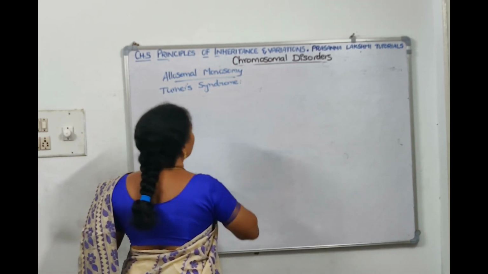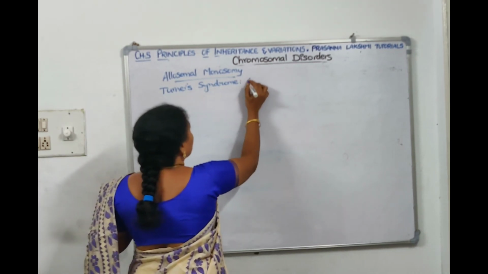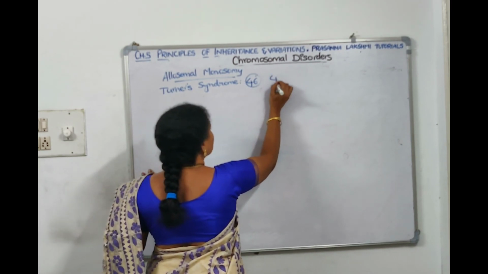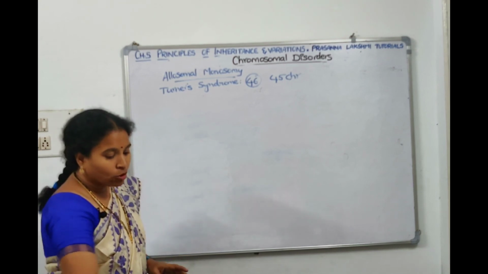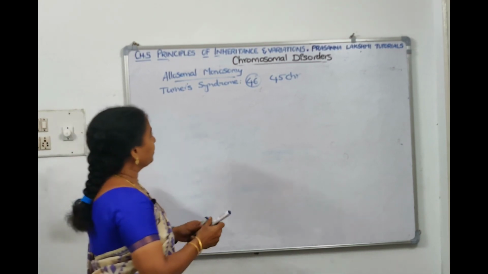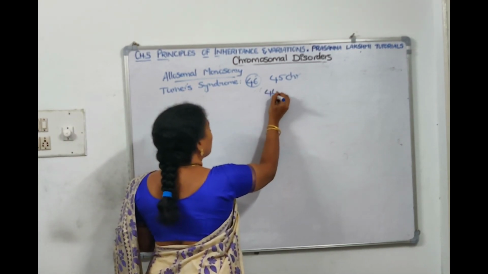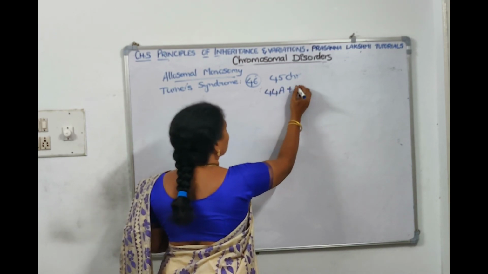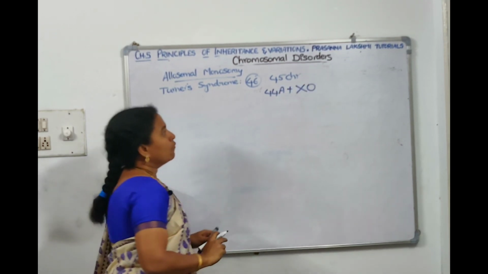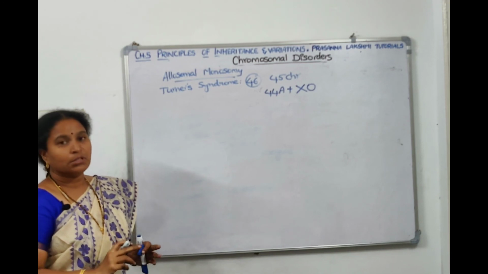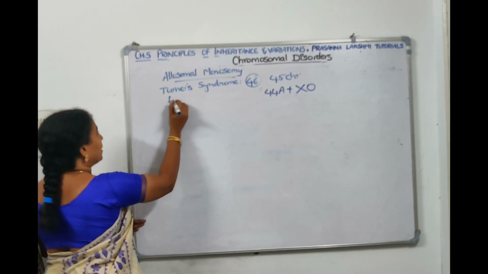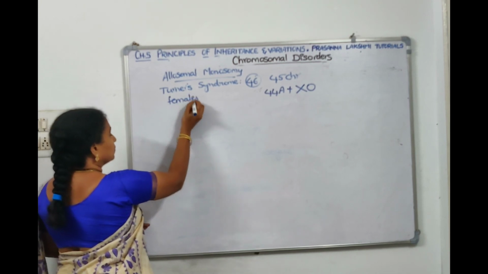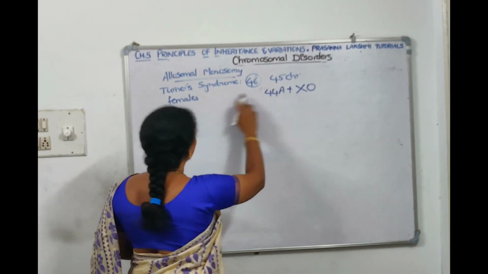So monosomy means one chromosome is missing. Means instead of 46 chromosomes they will have 45 chromosomes, and we told it is allosomal monosomy, means 44 autosomes will be there, but one X chromosome is missing, X0. 44A X0 is the chromosomal complement. So Turner syndrome is common in females, because one X chromosome is there, they are females.